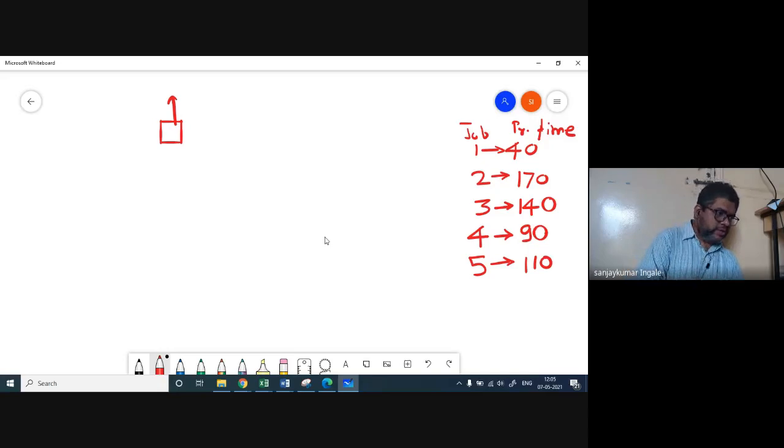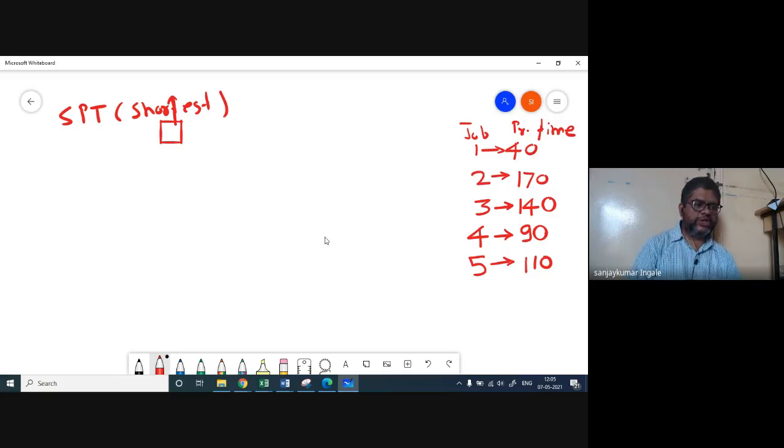So the first scheduling rule was SPT. Out of these 5 jobs, which has the shortest time? The first one. So as per this rule of shortest processing time, I will schedule.